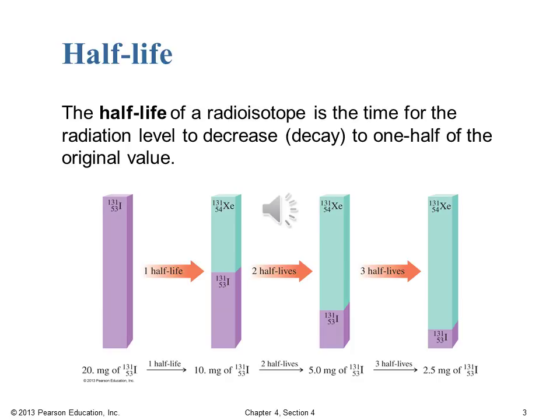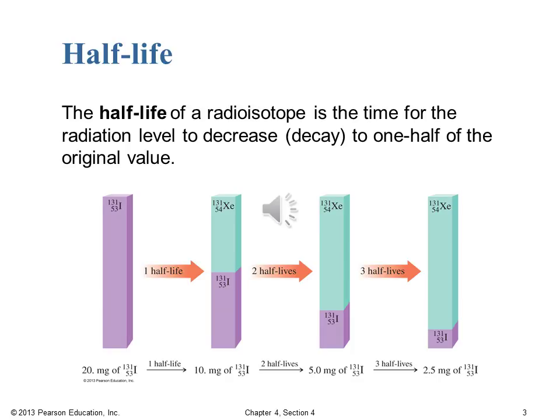So if we have 20 milligrams to start, after one half-life we're down to 10 milligrams, and then after another half-life we're down to 5 milligrams, and then another half-life, we're down to 2.5 milligrams. So it's a constant amount of time that continues to decrease the amount of sample to half of what it was before the half-life.